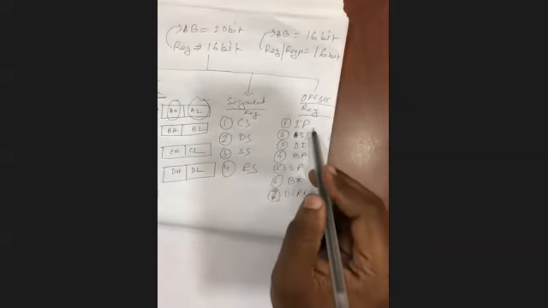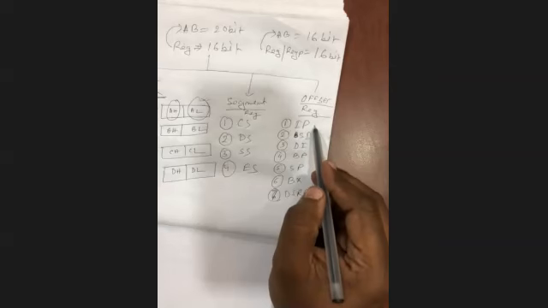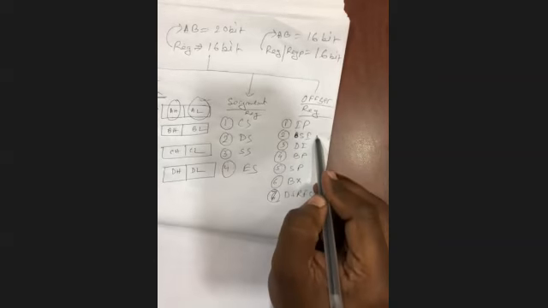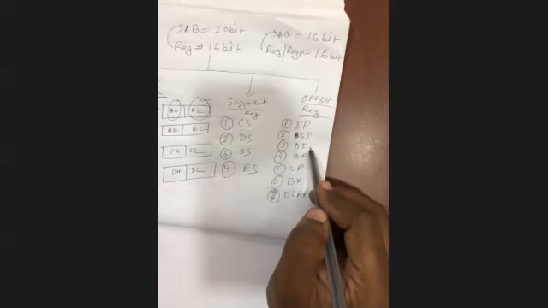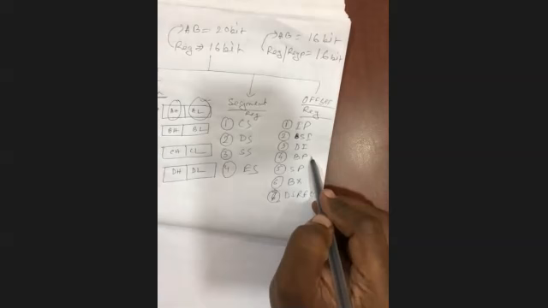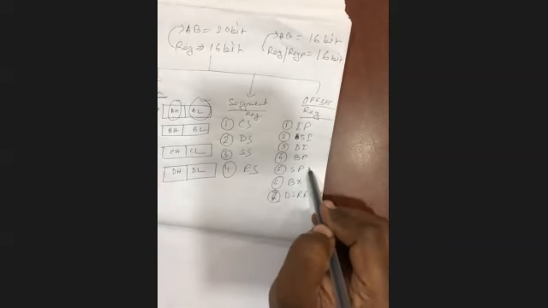IP is the instruction pointer. SI is the source index. DI is the destination index. BP is the base pointer. SP is the stack pointer.